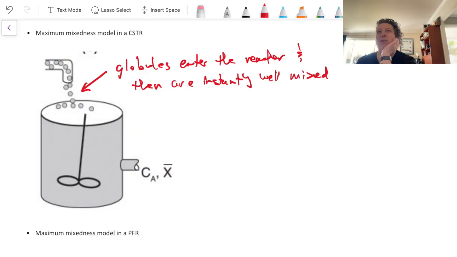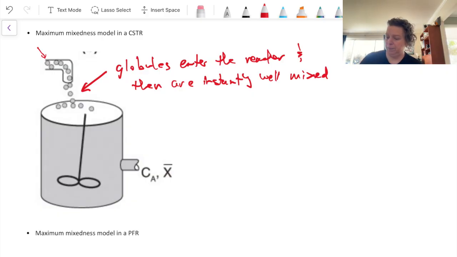This is indicating that they're well mixed within the reactor. This is different than a CSTR though. So this looks like a CSTR. Well, what's the difference? The difference is that all of these molecules have different residence times. In a CSTR, all of the molecules have different residence times also, but the distribution is equal to that of an ideal CSTR.